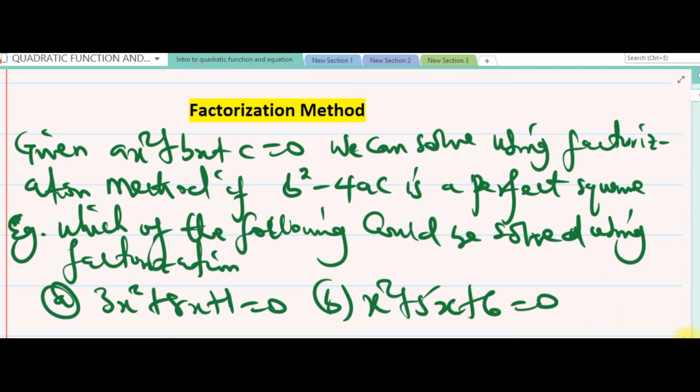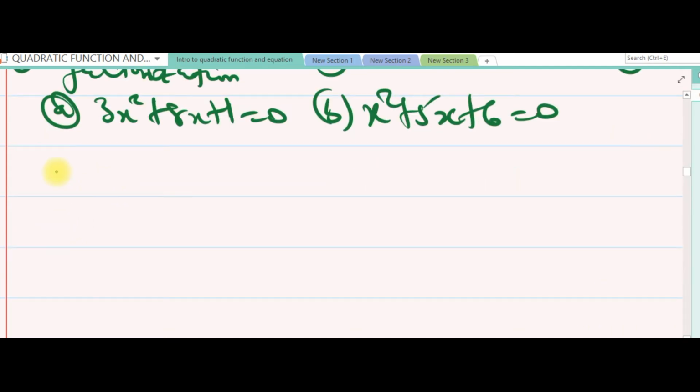The last one, 1 over 2 x squared plus 8x minus 3 equal to 0.